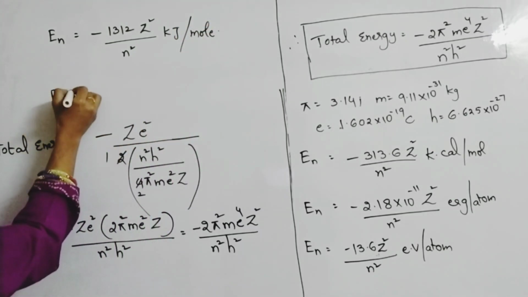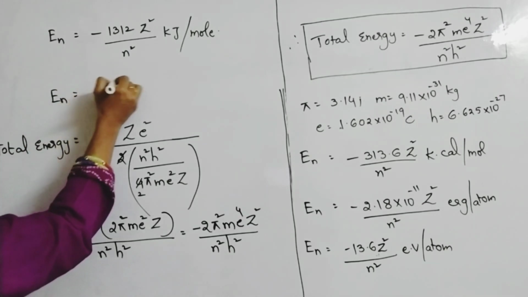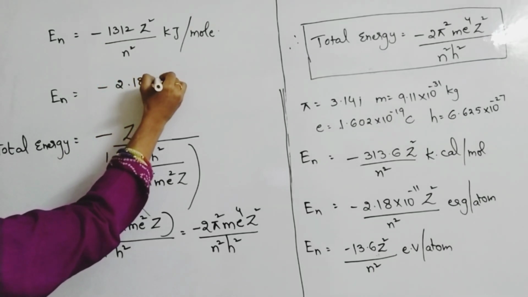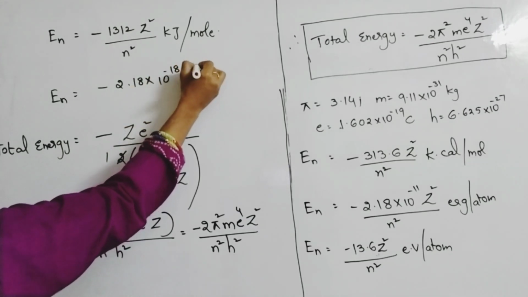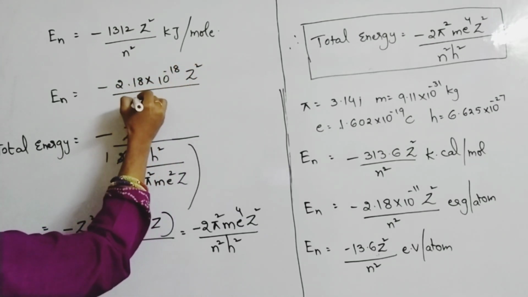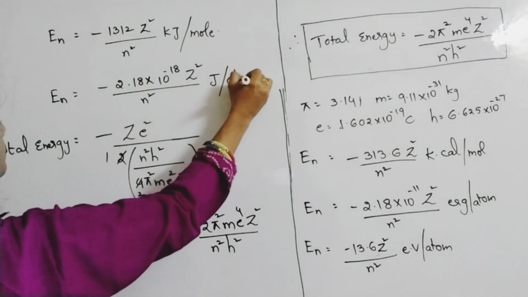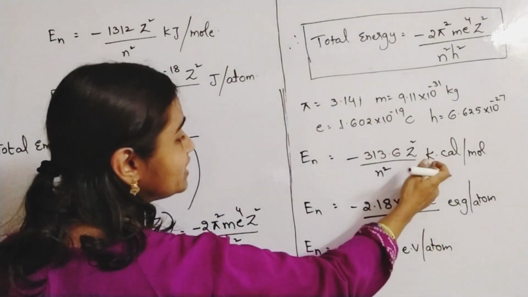Same like that, the En value in normal joules per atom, if you take, is minus 2.18 into 10 to the power of minus 18 into Z square by N square, joules per atom. So like this you have 5 different values where energy is calculated in different units.